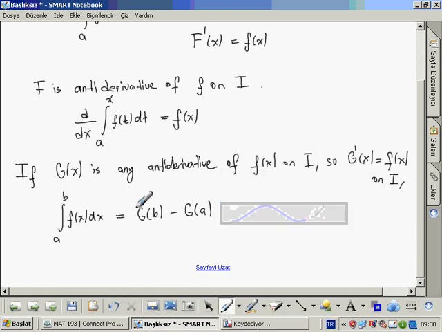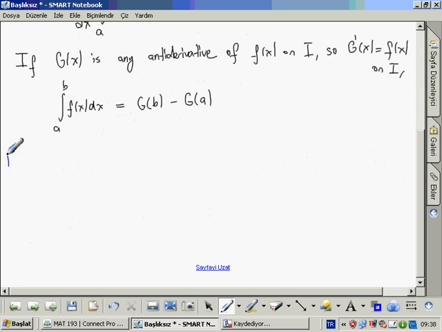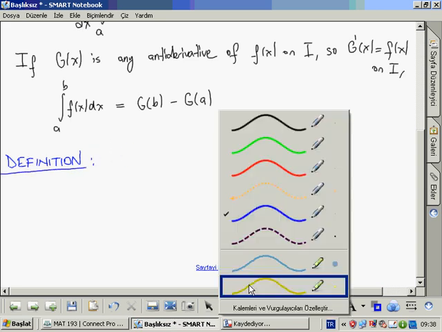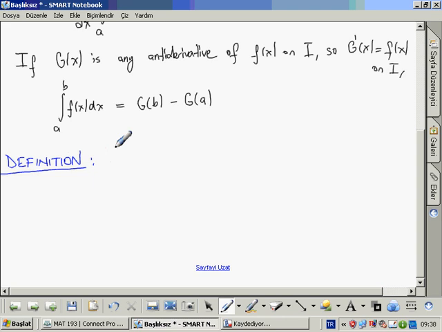And let me give you another definition, which is about the definite integral. Capital F of x, evaluated from a to b, means capital F of b minus capital F of a.